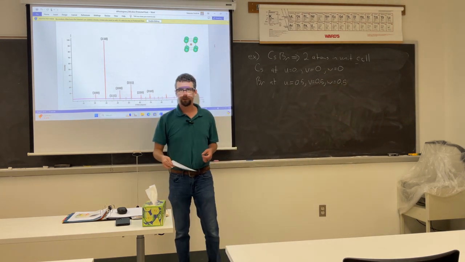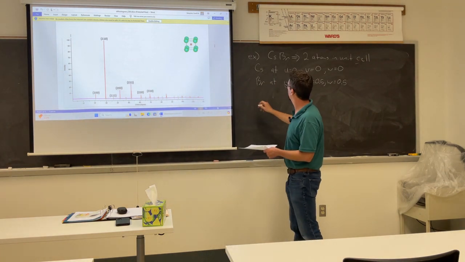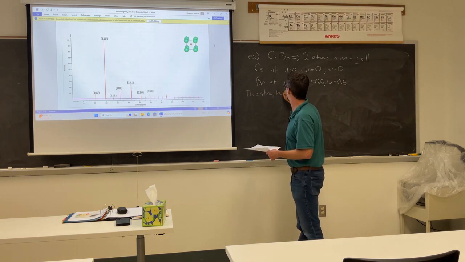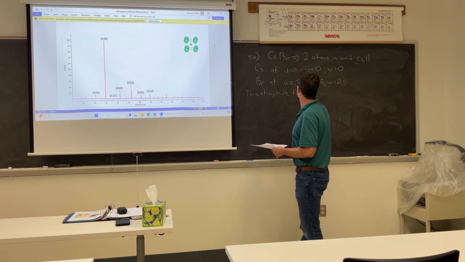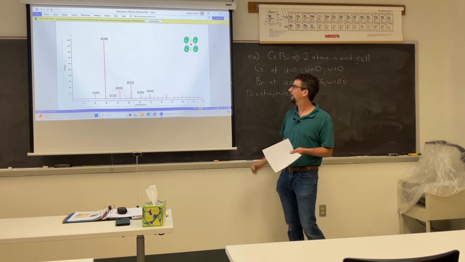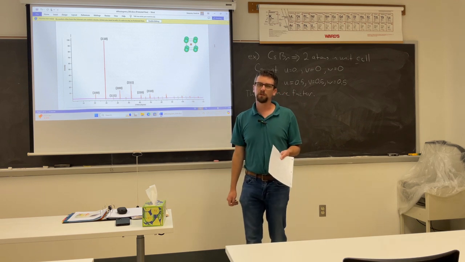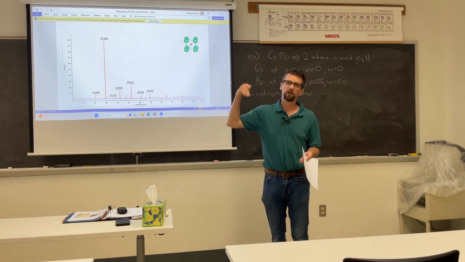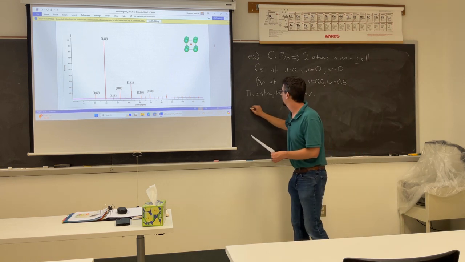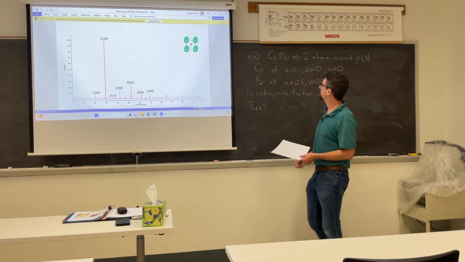Okay, so now let's go back to our original structure factor equation. And we know that the structure factor has the atomic scattering factor for each element that we're considering within the unit cell, times a term to look at where the atoms are in the unit cell and what Miller plane we're shooting our radiation down. So remember, structure factor HKL is equal to the summation of those.